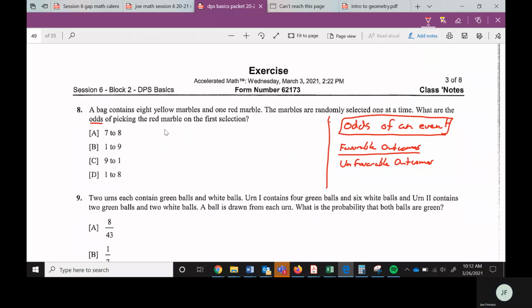But for odds, there is 1 red and there are 8 not red. In this case, yellow means the same thing. A lot of times with odds, they don't leave it as a fraction, they write it out in words, and it's going to be the top to the bottom. So in this case, 1 to 8.